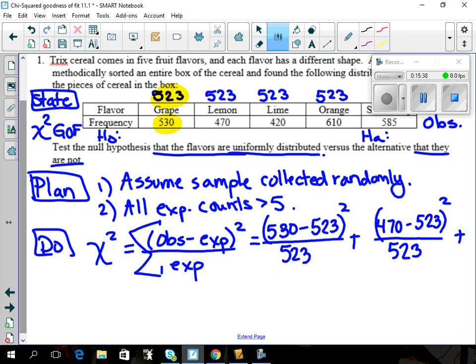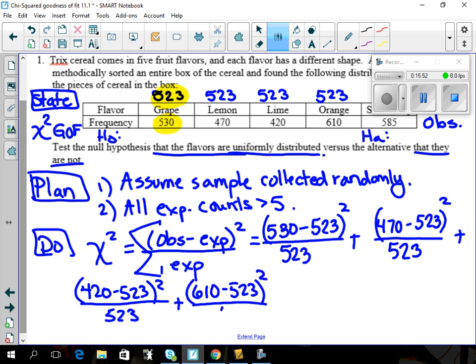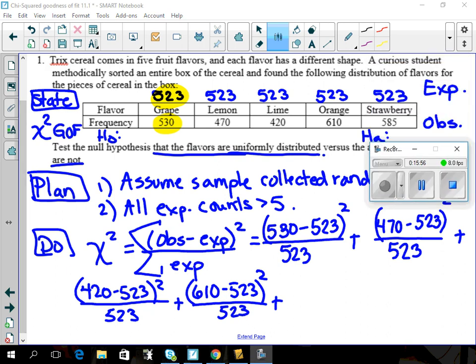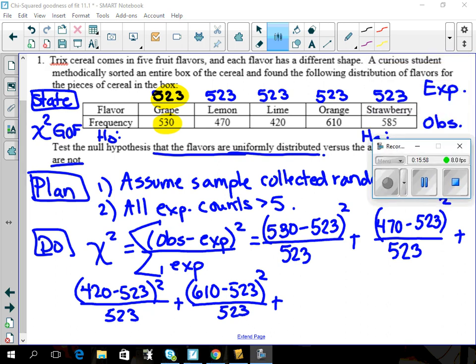What did I leave off? 420? By looking at my observations and comparing them to, well, do they look uniform to you?